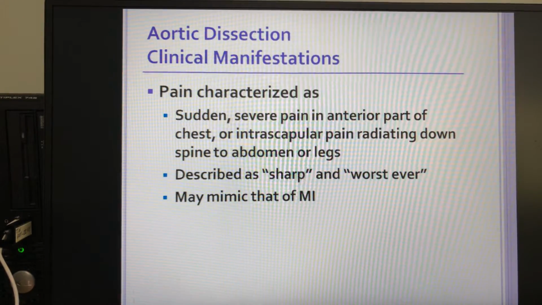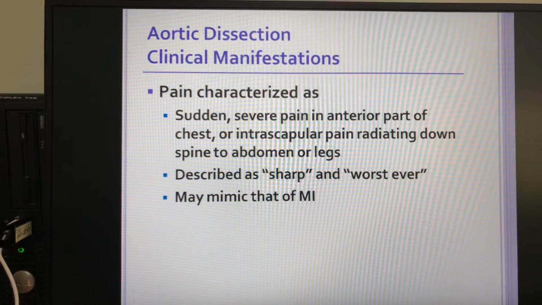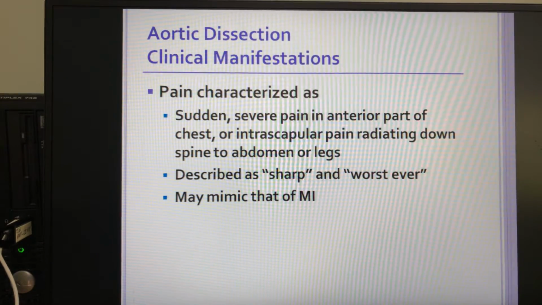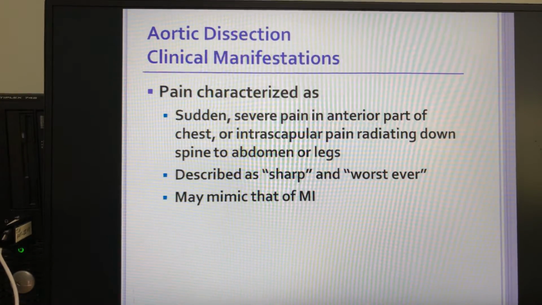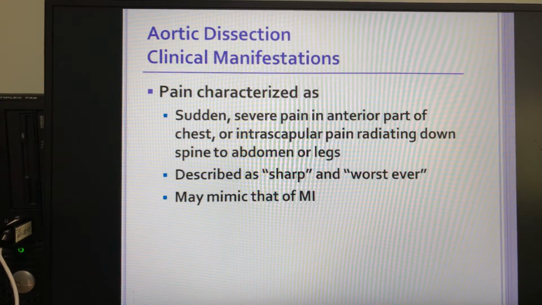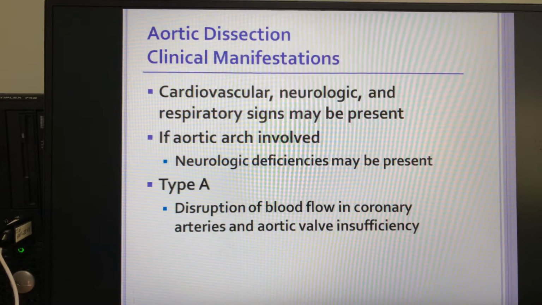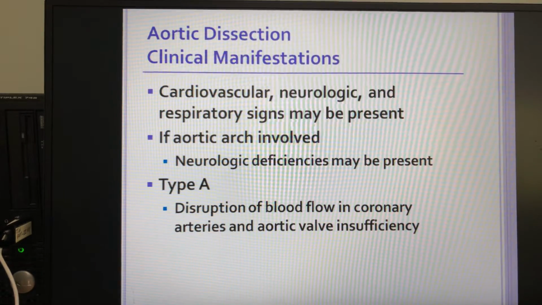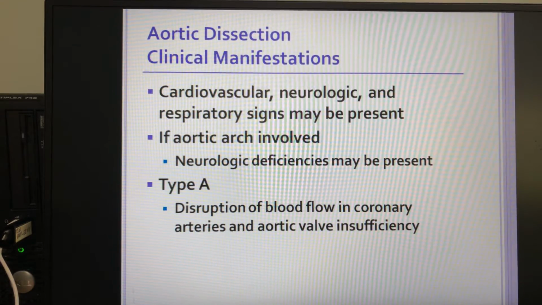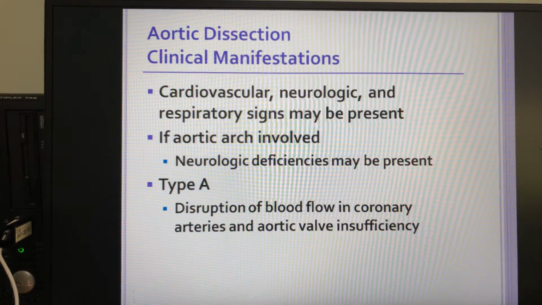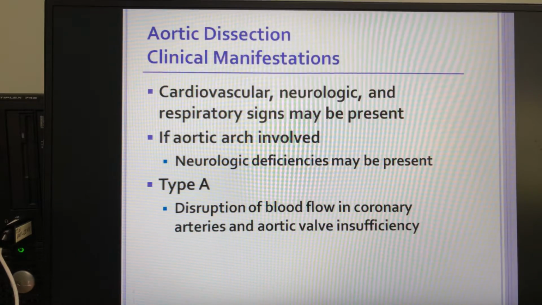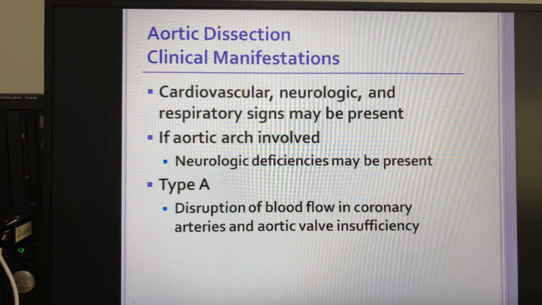Older patients are less likely to present with abrupt onset of chest or back pain, and are more likely to present with hypotension and vague symptoms. Cardiovascular, neurologic, and respiratory signs may be present in these people. Neurologic deficits may include altered level of consciousness, weakened or absent carotid and temporal pulses, and complaints of dizziness or syncope.